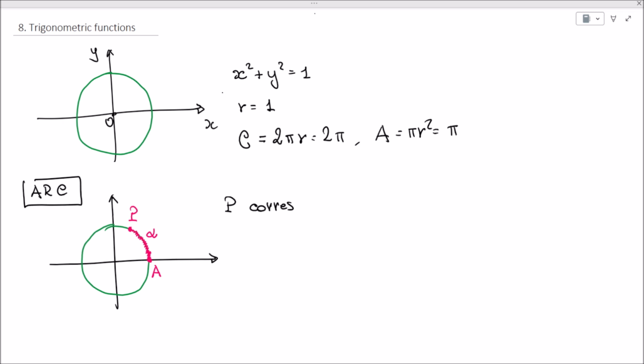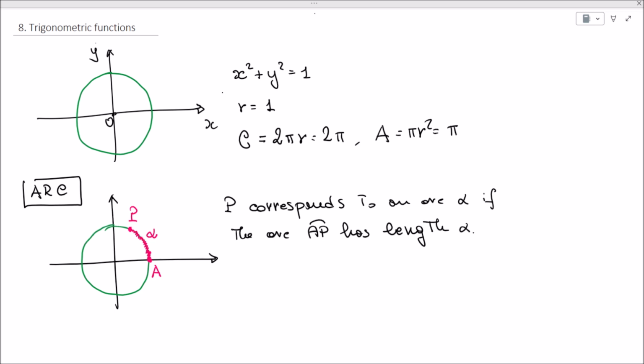corresponds to an arc alpha if the arc AP, this is the symbol of arc AP, has length alpha.